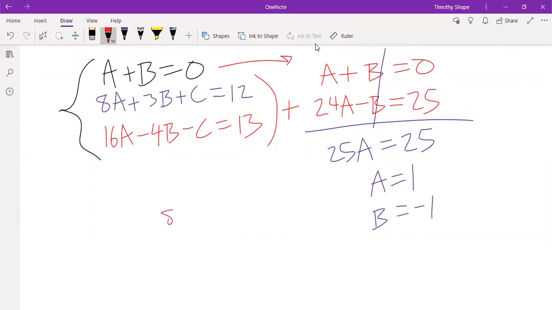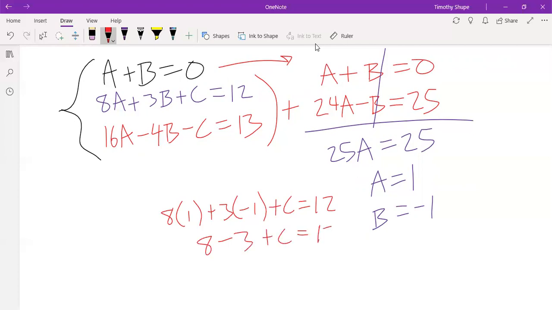That's going to give us 8 times 1 plus 3 times a negative 1 plus C is equal to 12. So I get 8 minus 3 plus C is equal to 12, which is really 5 plus C is equal to 12. Which means that our C value equals 7 if I subtract off the 5.